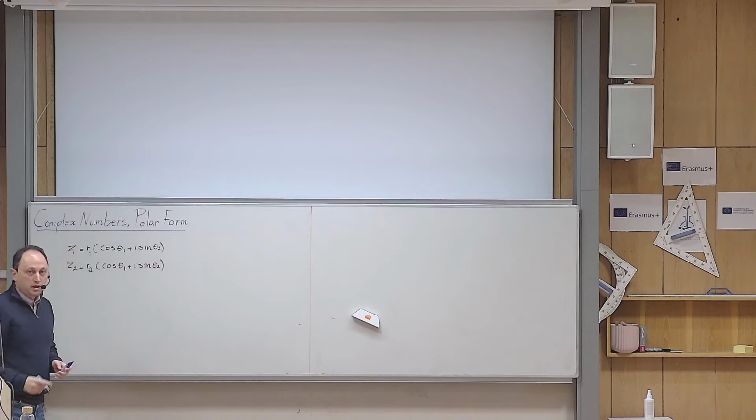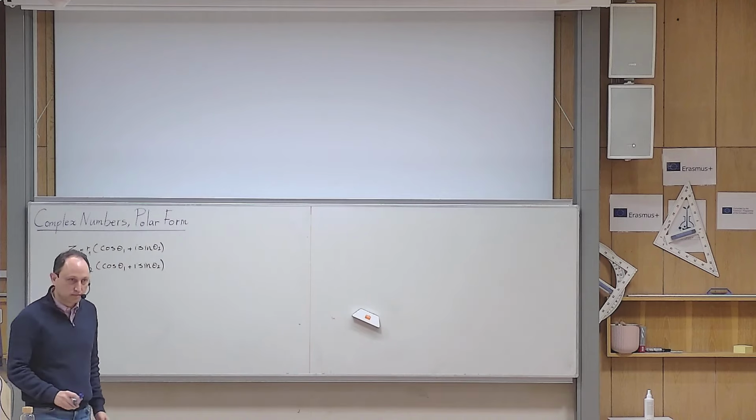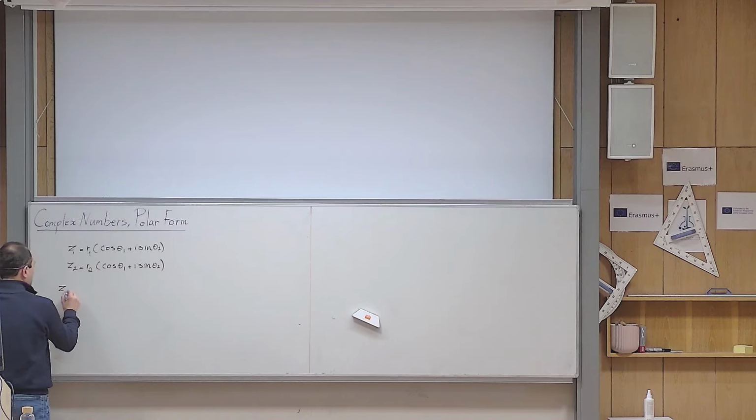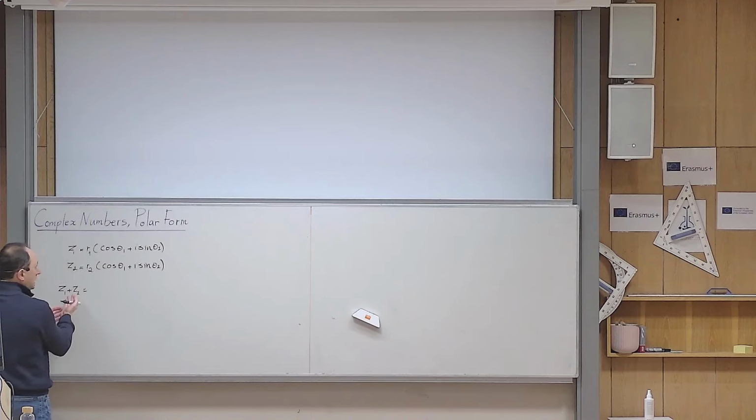Yes? If I want to add them or subtract them, it is not beneficial at all to have it in polar form. It makes life harder. But if you want, you can do it, yes? So if I say what is z1 plus z2, you simply multiply this in, and start adding them up.